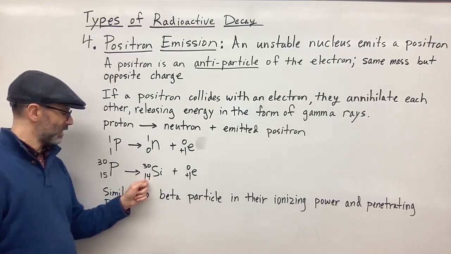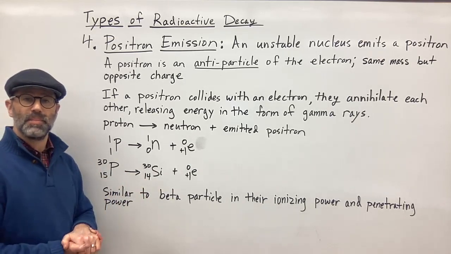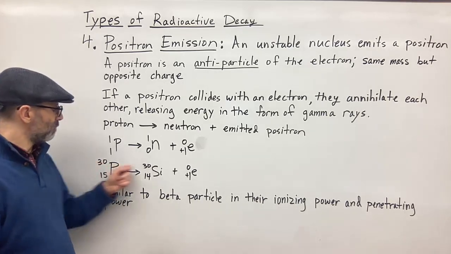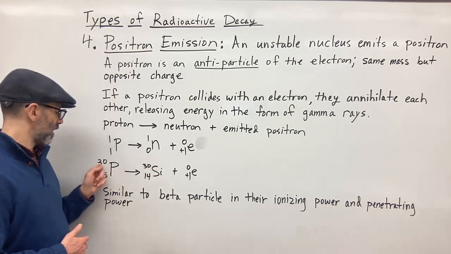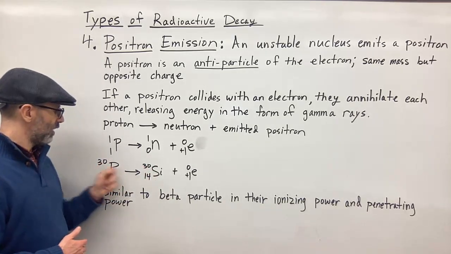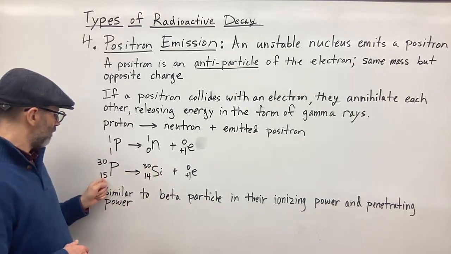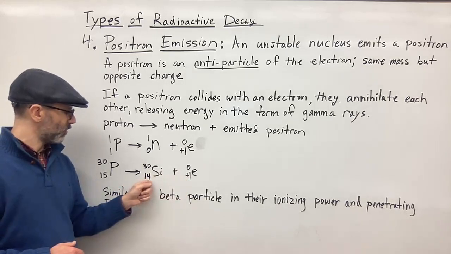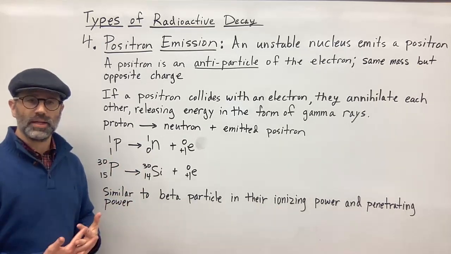So you see that it decreases by 1. And like all nuclear equations, the top numbers and the bottom numbers balance out on both sides. So here we have a 30 on this side, 30 plus 0 is 30. And on this side, we have a 15, and here we have 14 plus 1 is 15. So the numbers on the top and bottom are going to balance out.